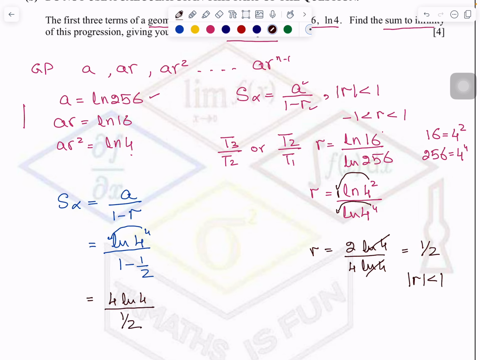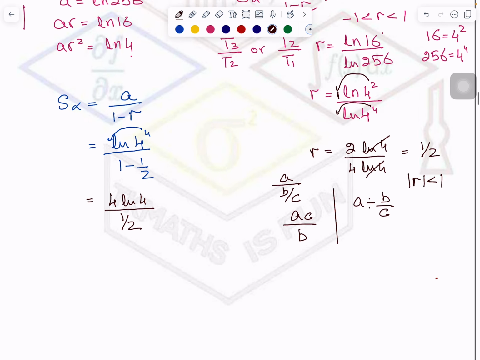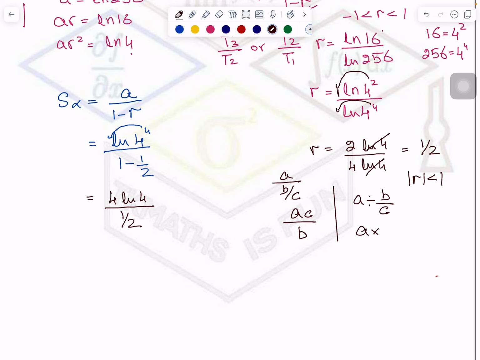And I'm sure you know, if you have a divided by b over c, it becomes ac over b. If you don't know, let me tell you. a divided by b over c means a times c over b, which is ac over b. So that's why it will become 4 times 2, which is 8 ln 4.